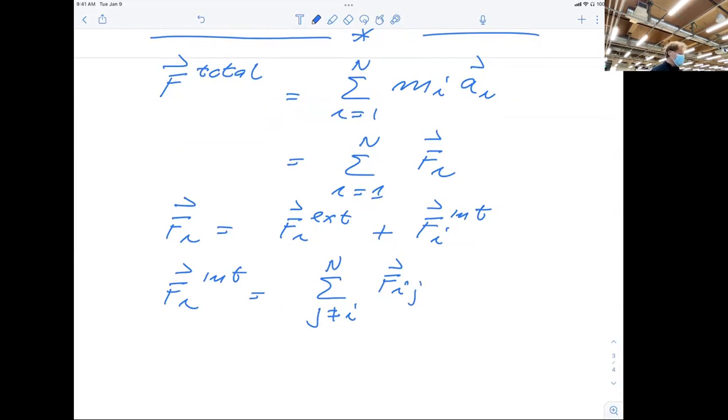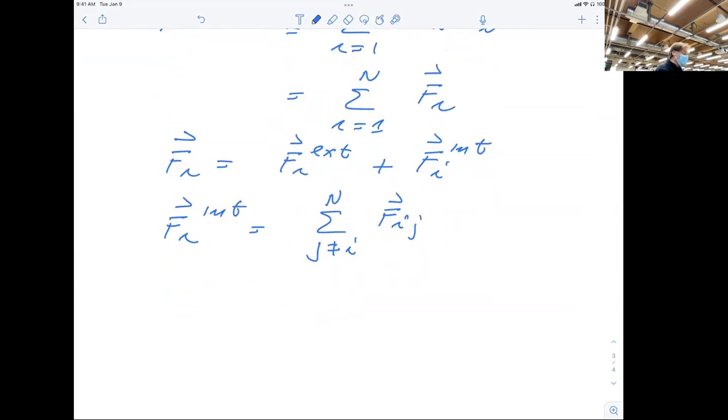Now, one of the things which we showed on Monday, we did it for two particles, for N equal 2 and internal forces only.